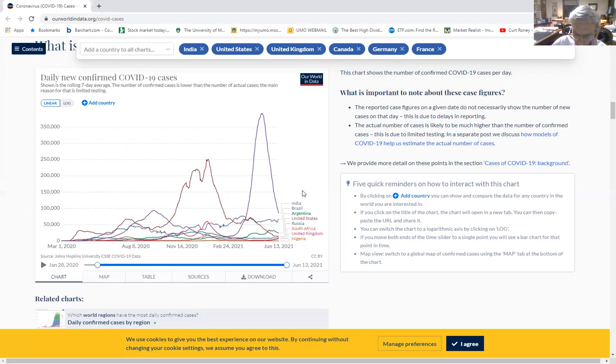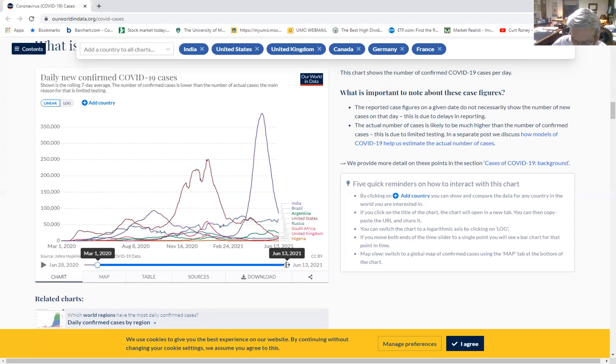And again, a question is whether or not we're getting reliable data from India, because India's reputation is to not do a real good job of that. So it's very possible that the problem in India is even bigger than this chart suggests it is.